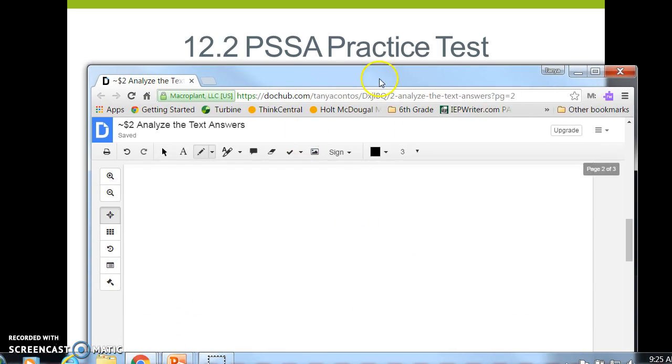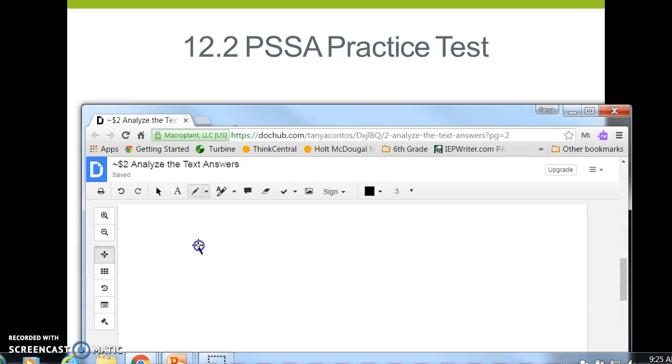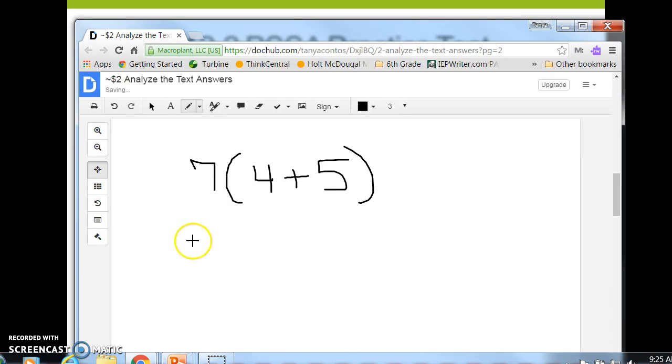So looking at that again, we had 7 times the quantity 4 plus 5. If we use the distributive property, this is like saying 7 times 4 plus 7 times 5.